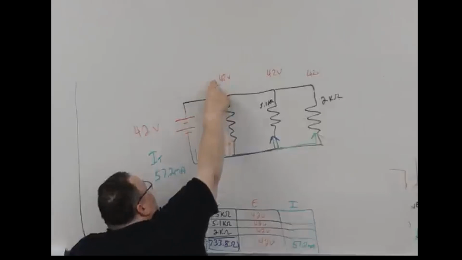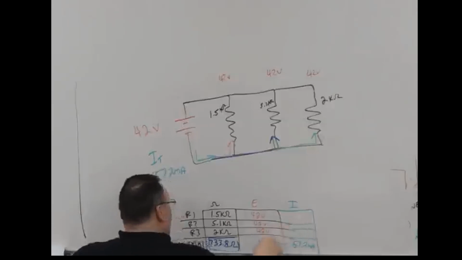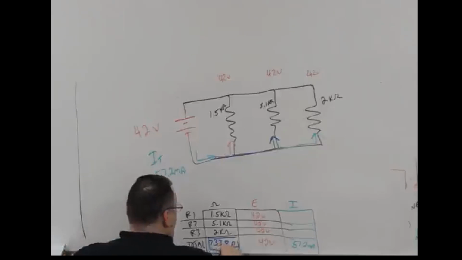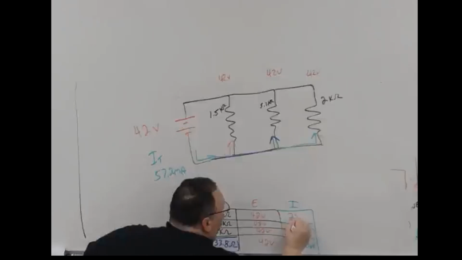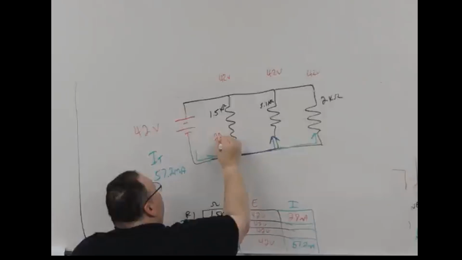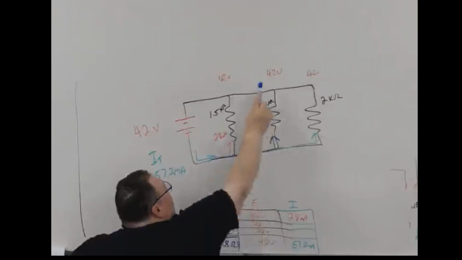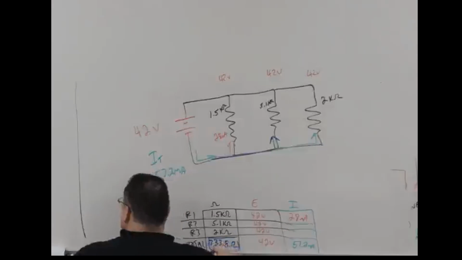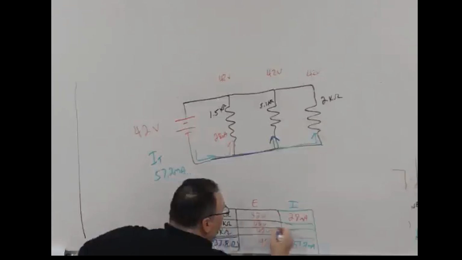If I take 42 volts and divide it by 1.5 kilo ohms, what do I get for current in R1? 28 milliamps. 42 volts, 5.1 k ohms for R2. What is my current? 8.2 milliamps.